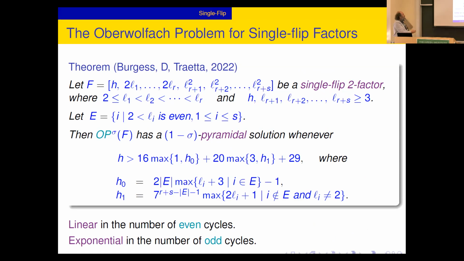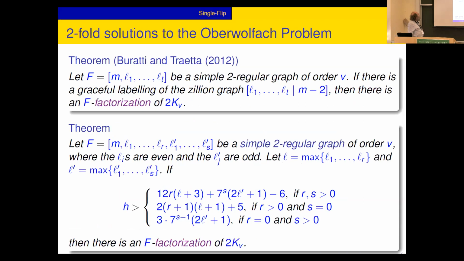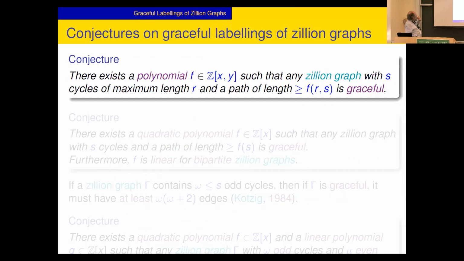It gives us it all. Again, these bounds are linear in the number of even cycles and exponential in the number of odd cycles. Okay, I'll just mention that another way to go here is taking the lambda = 2 problem, and we get solutions to that as well. I won't go into that.